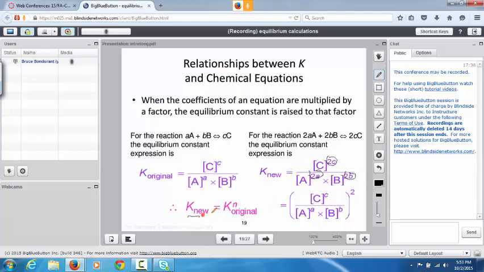So the new K is simply, if you multiply an equation by n, so take some reaction and multiply the whole equation by n, then KEQ is simply equal to the old KEQ to the n power.